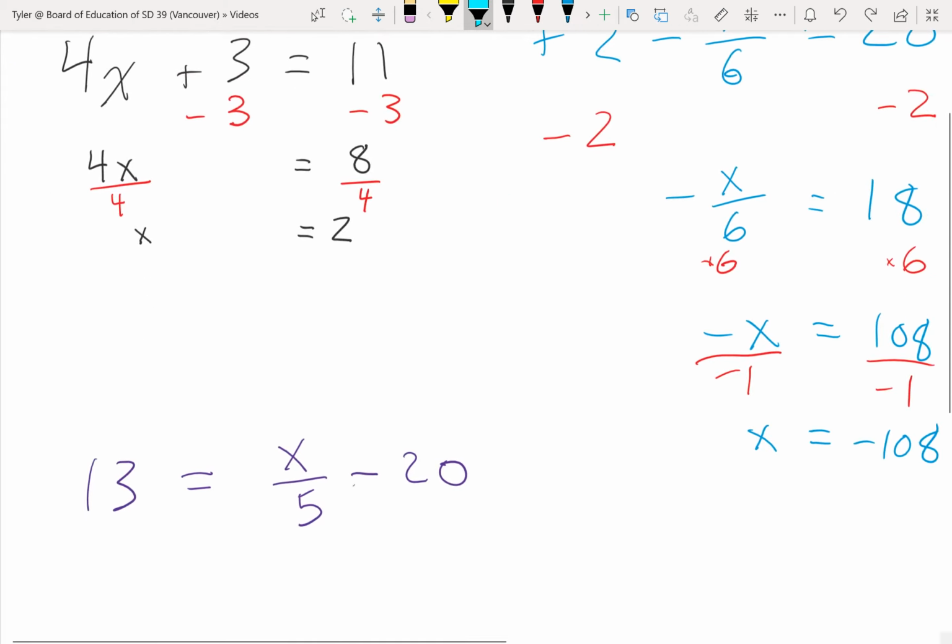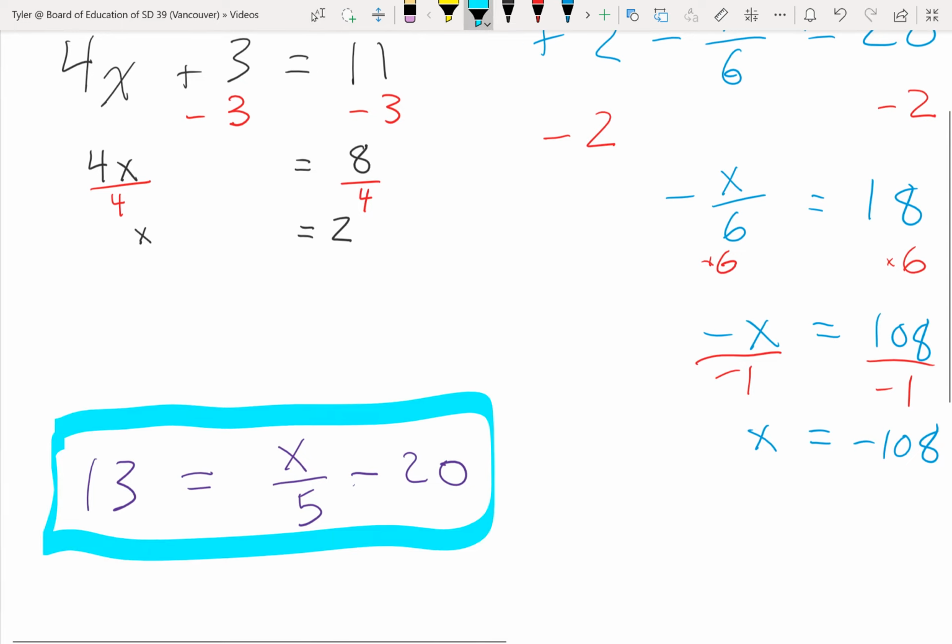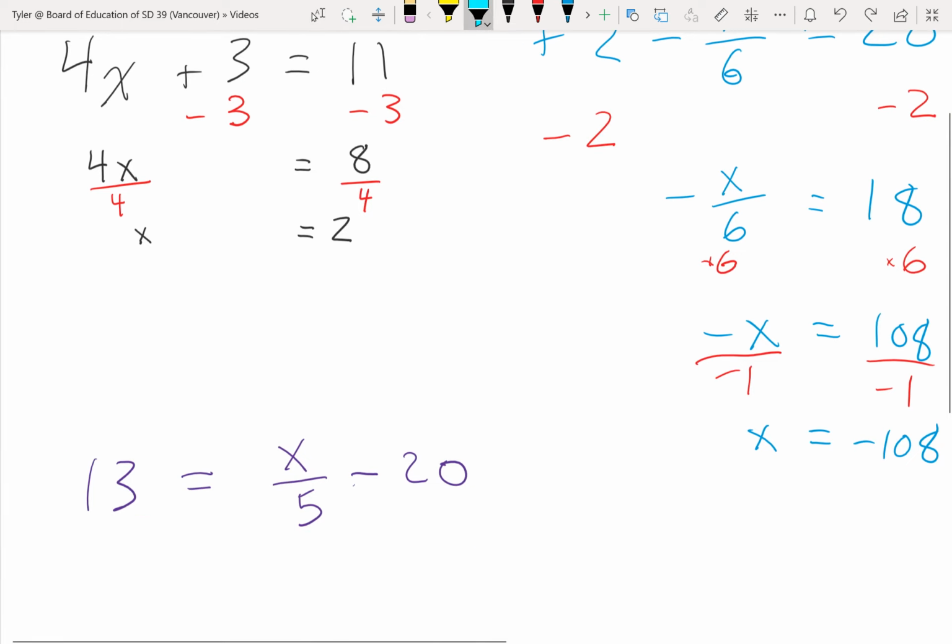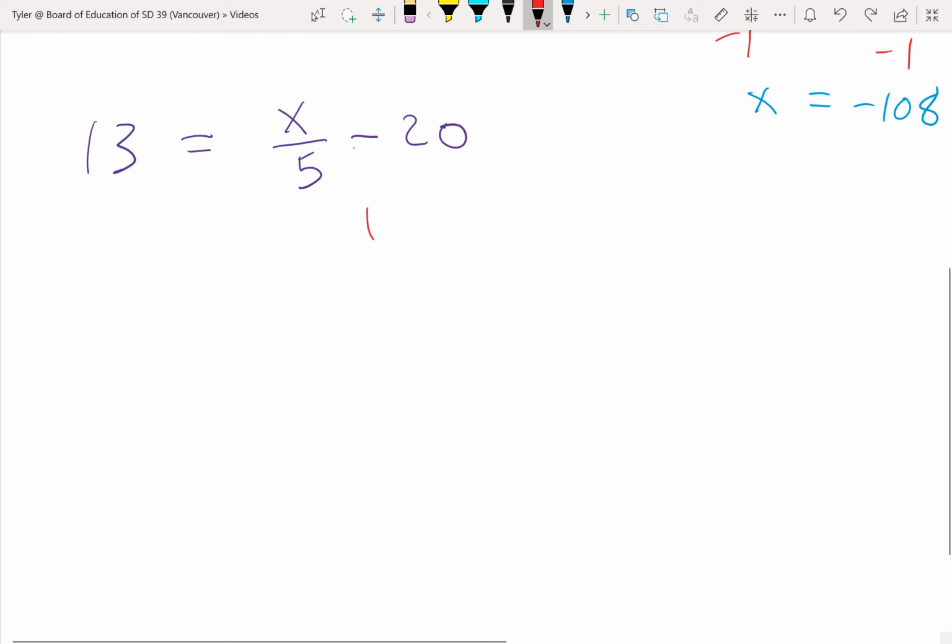So looking at this purple question right here, think to yourself for a sec, what should I do first? Our options are, we want x to be by itself, so we got to get rid of the 5 or the 20. So I'm actually going to get rid of the 20 first. So I'm going to say plus 20 to both sides, do the opposite.